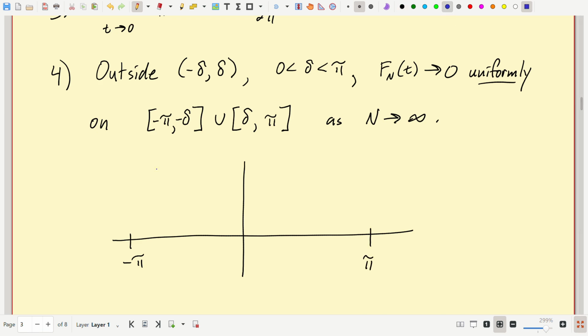Sine squared t over 2 is positive, and it goes like this. It's 0 at 0. So that's sine squared. That's the thing in the denominator. Okay, and if I have a delta here, how about a minus delta and a plus delta?